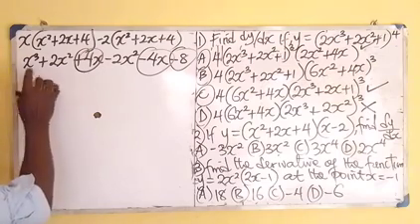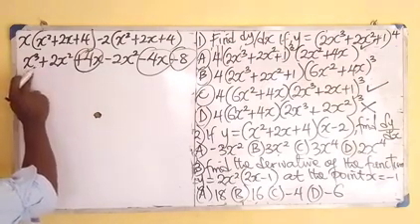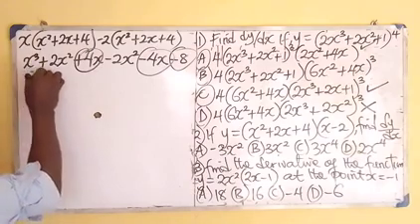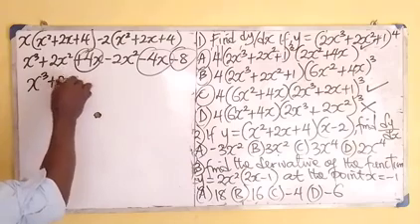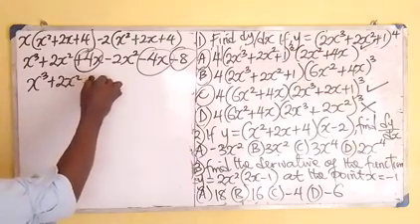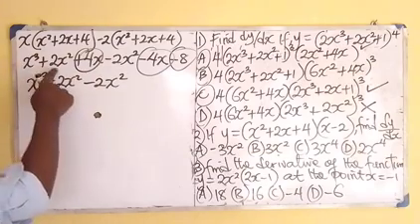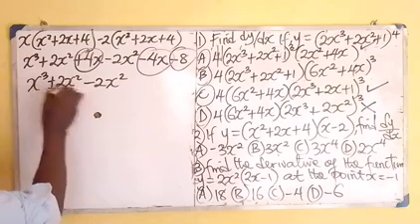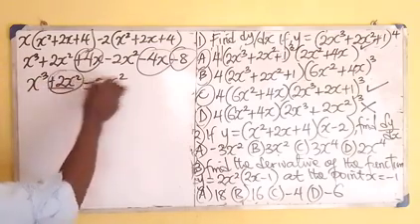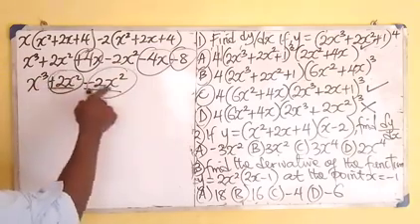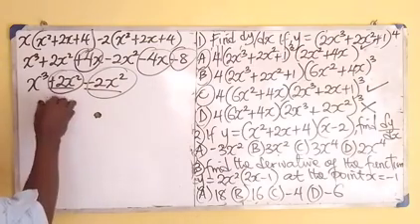Okay. So I'm having x cubed plus 2x squared minus 2x squared, right? Plus 2x squared minus 2x squared, meaning that this and this are out, because plus 2x squared minus 2x squared is out. So I'm left with what?